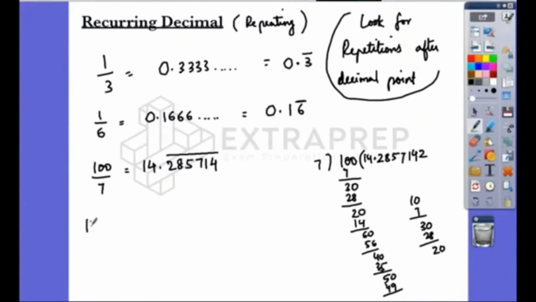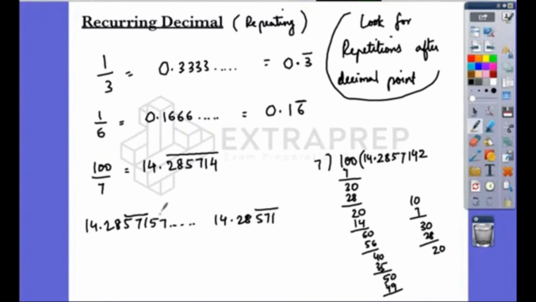In case you get 14.2857157 and so on, because 5 is repeated here, from this 5 you will start and up to this 5 you will put a bar. Then your value would be 14.28571 with the bar only on 571.